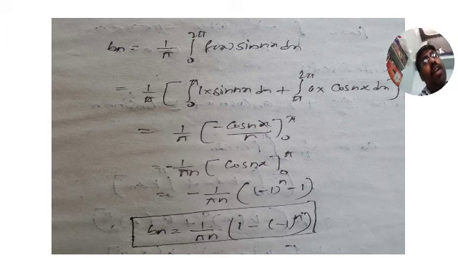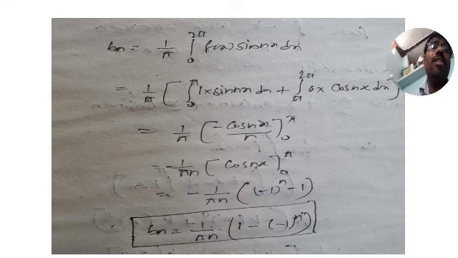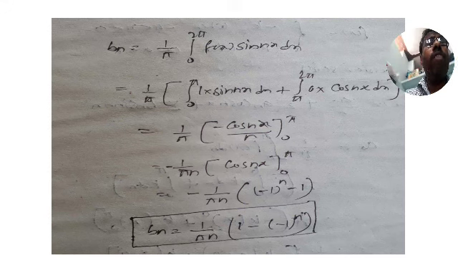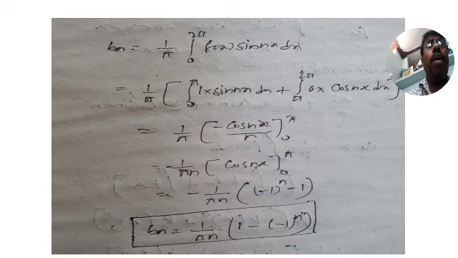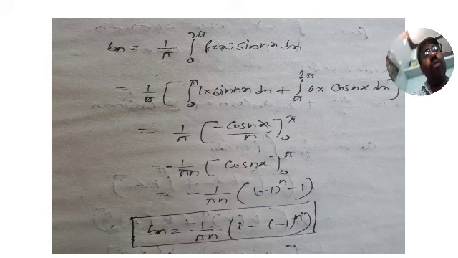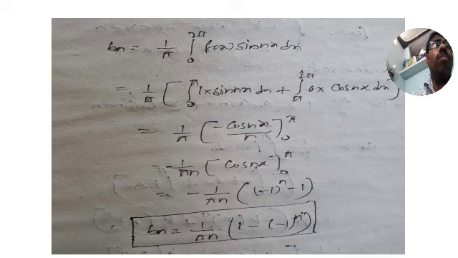So for an it is cos nx, for bn it is sin nx. So 1 by pi integration 0 to 2 pi f of x into sin nx dx. But the function from 0 to pi has f of x value 1 and from pi to 2 pi the f of x value is 0. That's why we divide the integral into two parts, 0 to pi and pi to 2 pi.